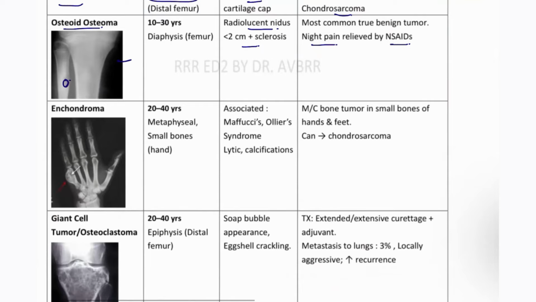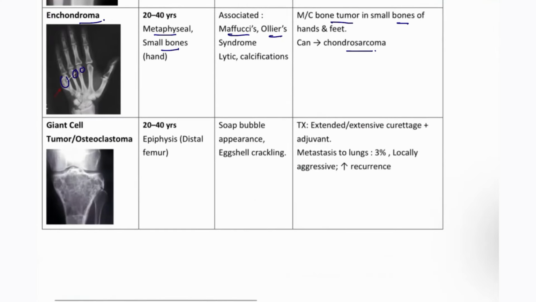Next, enchondromas, which will be seen as multiple enchondromas associated with Maffucci and Ollier disease, and this will affect the metaphysis of small bones. Most common bone tumor in the small bones and can cause chondrosarcoma. Next, giant cell tumor, which will be showing a soap bubble or eggshell crackling appearance in the epiphysis, and it has to be treated with extensive curettage for this patient.